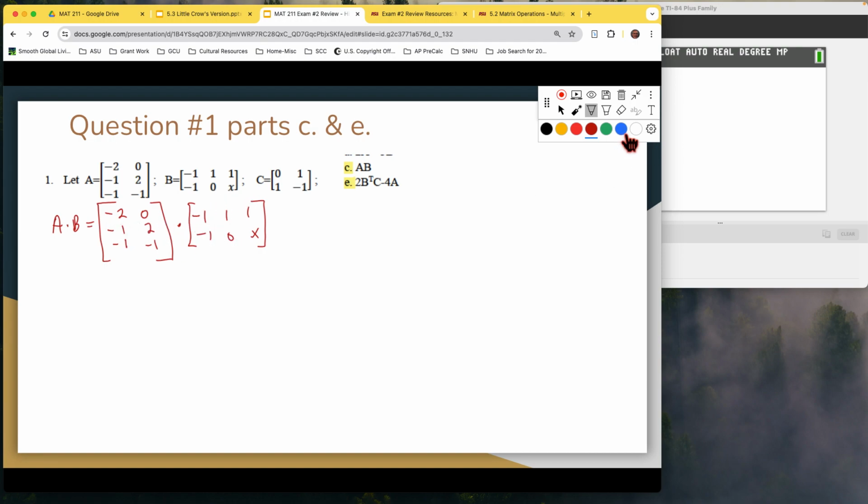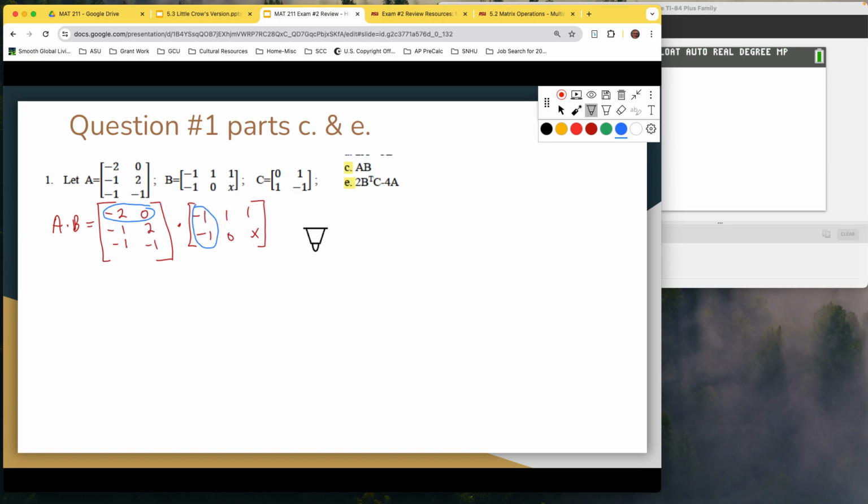You do need to know the process of matrix multiplication. We take the first row times the first column, that's the multiplication, and then we add as we go. So we're going to do that.